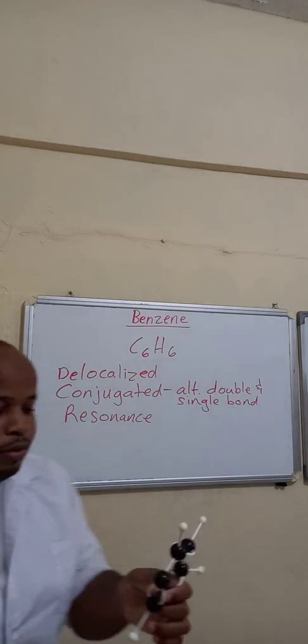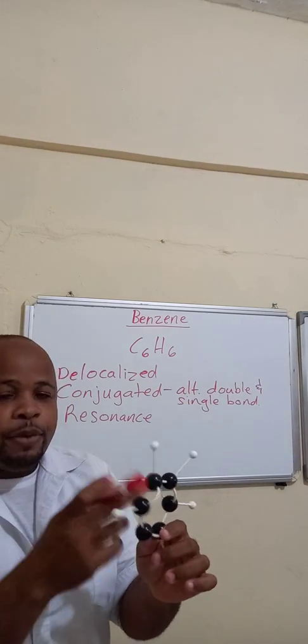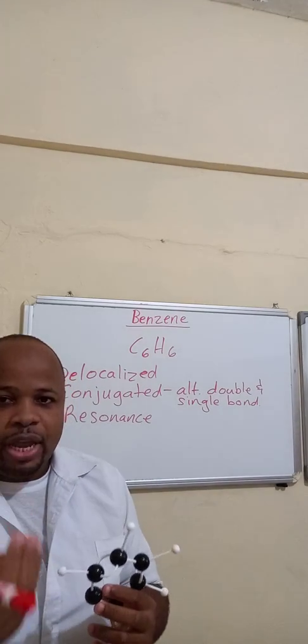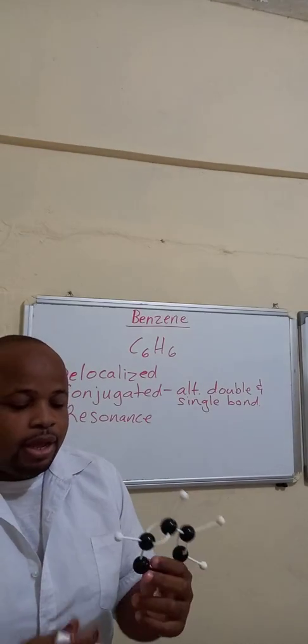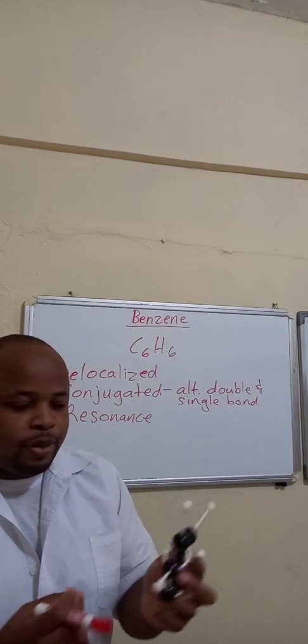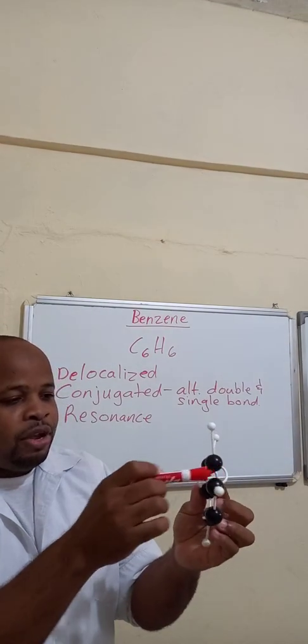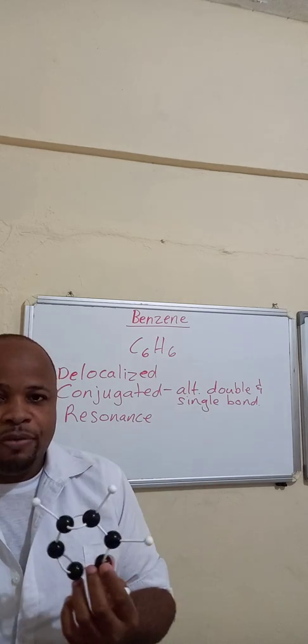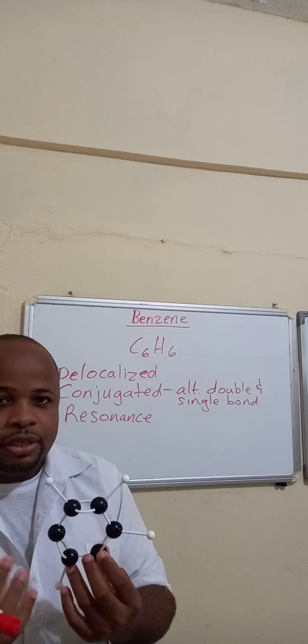Now, we know that a double bond consists of a sigma bond and a pi bond, and pi bonds are formed from the overlap of p orbitals. So everywhere you have a double bond, it is formed from the overlap of p orbitals.